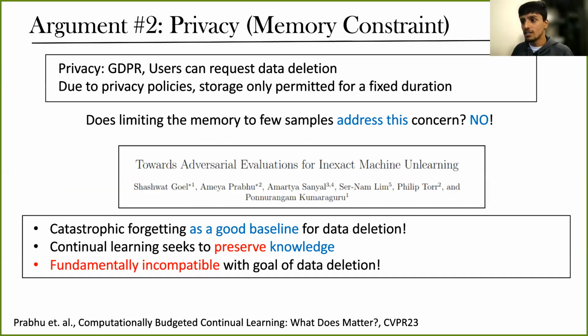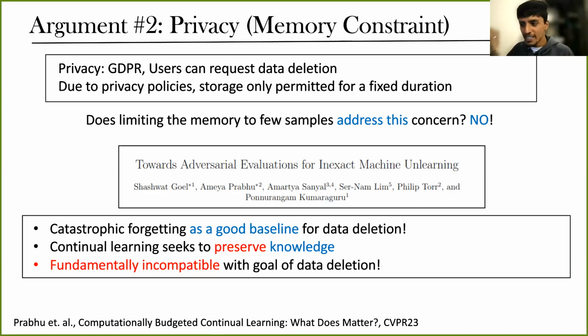In our paper towards adversarial evaluations for inexact continual learning, we show that catastrophic forgetting is in fact a good baseline for data deletion. But this is in contrast to continual learning, which wants to preserve the past information. So it's antithetical to both remove information of users and preserve the knowledge.